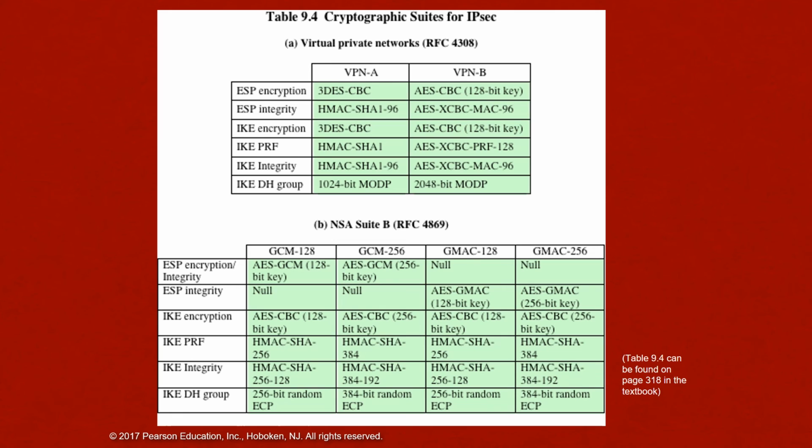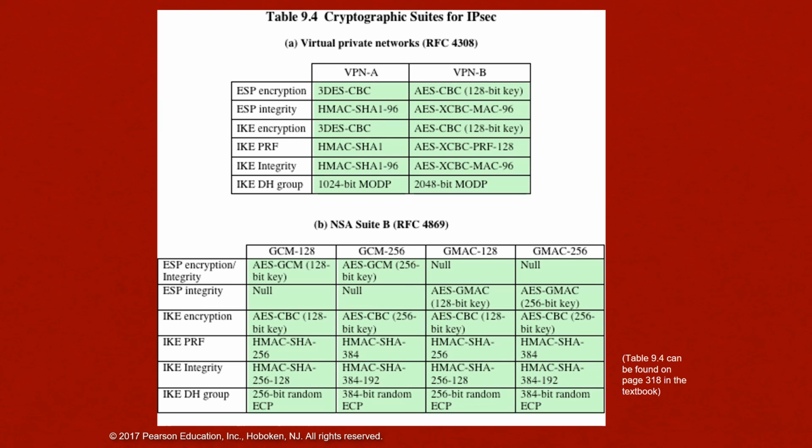As with RFC 4308, three categories of secret key algorithms are listed. Encryption. For ESP, authenticated encryption is provided using the GCM mode with either 128-bit or 256-bit AES keys. For IKE encryption, CBC is used as it was for the VPN suites.